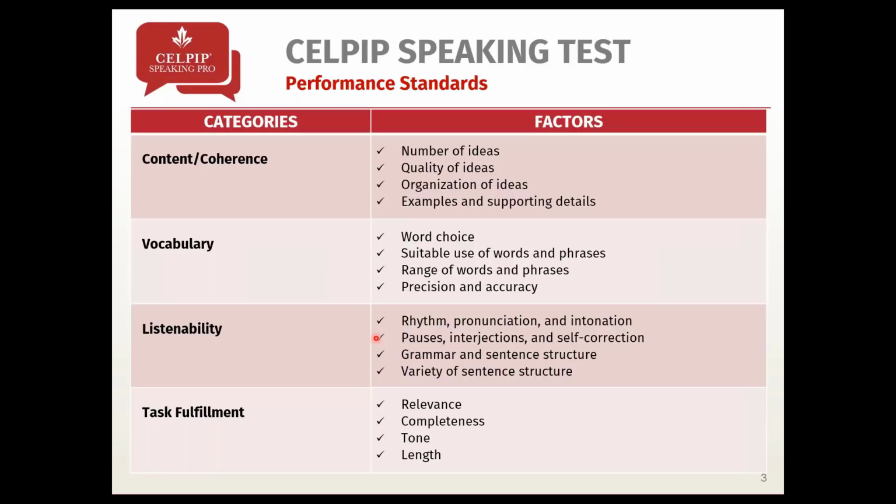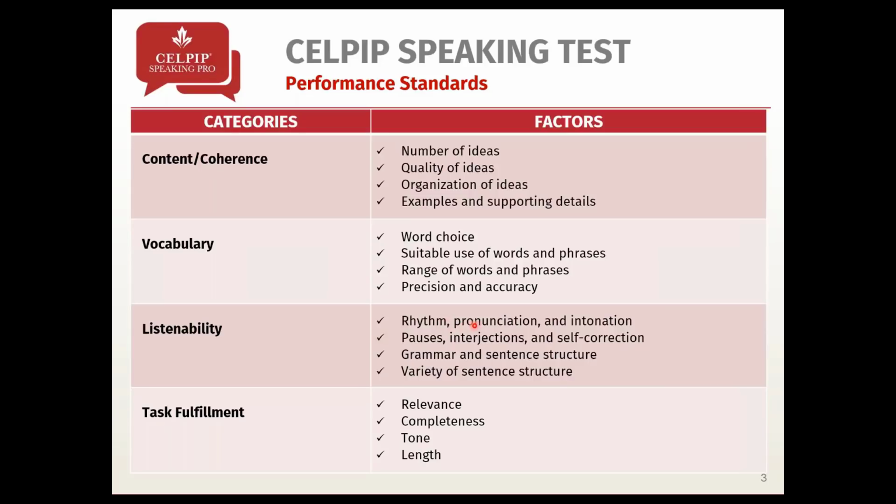This second point, which is also delivery skills, these are things that native speakers do, and they're not mistakes really. They're just a function of our speech, and we all do them, but we don't want to overuse them. So you don't want to have a lot of pauses in each response.